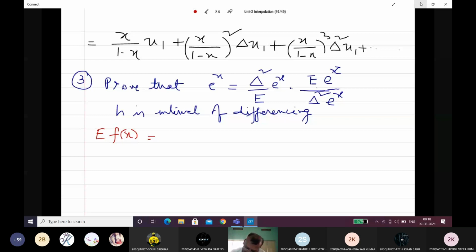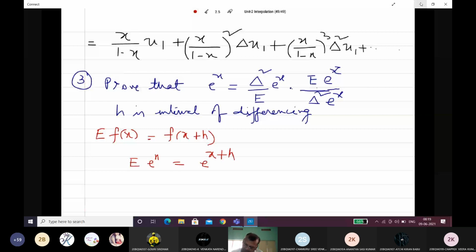Very good. E of f of x is f of x plus h. Now, E of e power x is equal to e power x plus h. Is it true?